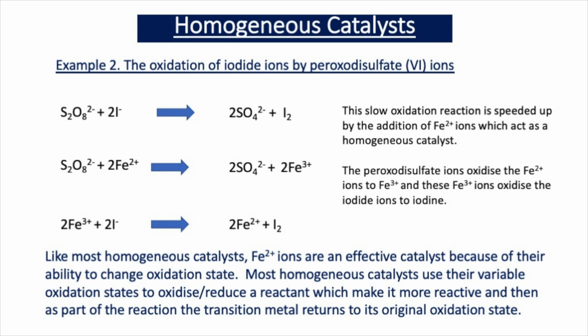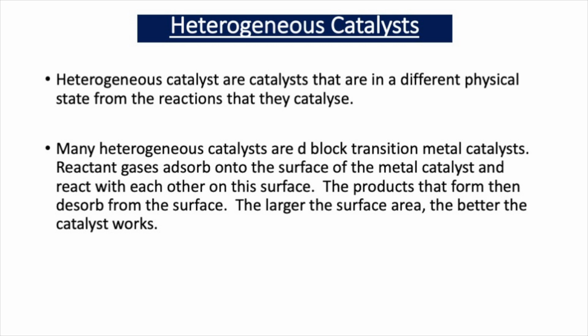Now the second type of catalyst you need to be aware of is a heterogeneous catalyst. Now, heterogeneous catalysts are catalysts that are in a different physical state from the reactions that they catalyze. Now, hetero means different.